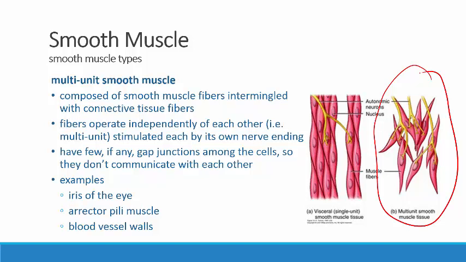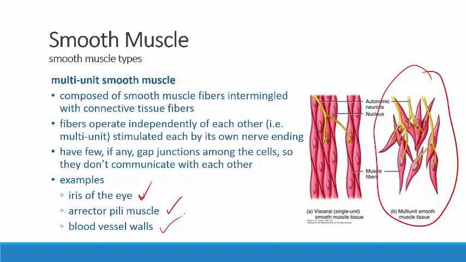There are few, if any, gap junctions found among the cells, so they don't pass the stimulus to contract amongst themselves. We find multi-unit smooth muscle in the iris of the eye, in the erector pili muscle of the skin, and in blood vessel walls.